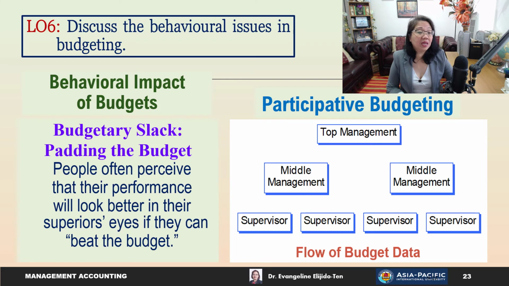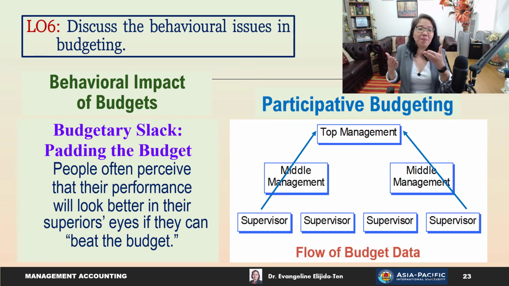Finally, there is the problem of budget padding when you are asking the supervisors to filter through their middle management and to the top management what it is that they think are achievable. So that is obviously a disadvantage of participative budgeting in a sense.